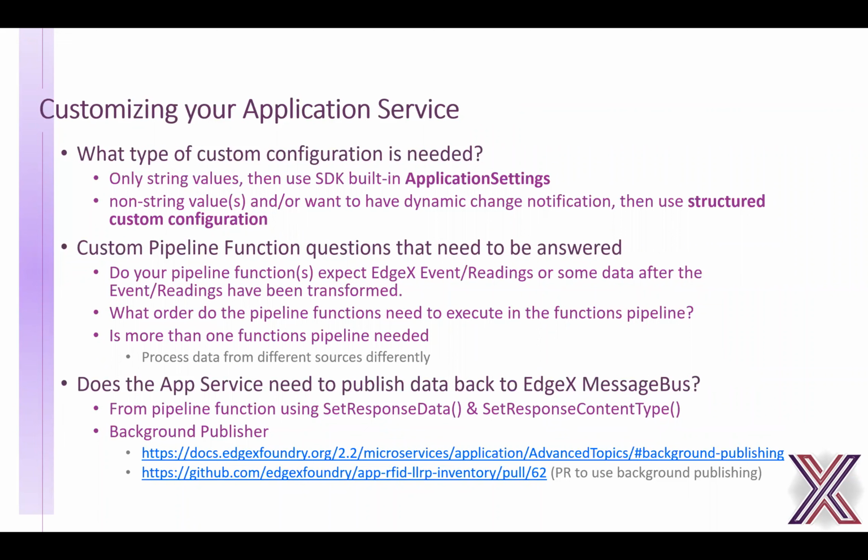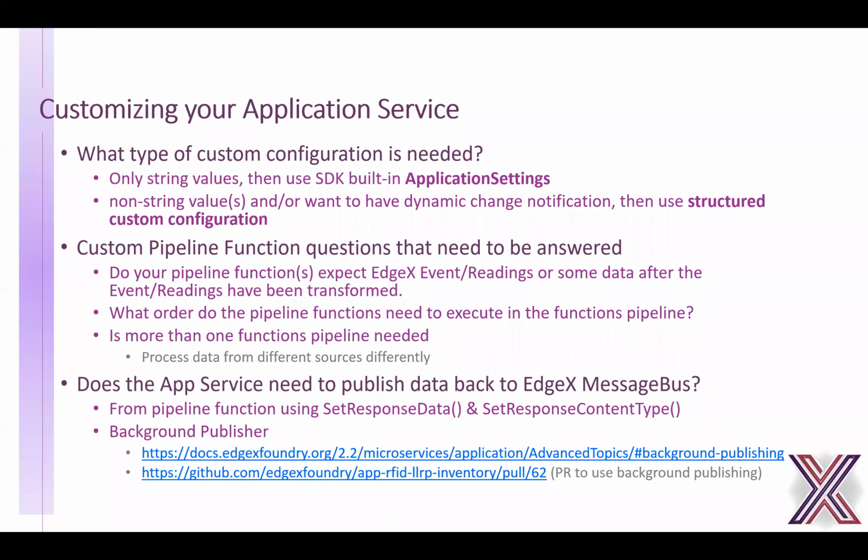So we have 2 ways of doing this. The old way was there's a canned string map called application settings. It allows you to give it a key and a string value. Okay, everything's a string. So if you're putting a number in as the string and you need to use it as a number, you have to parse it into an integer or a float or whatever once you've pulled it out of the application settings.